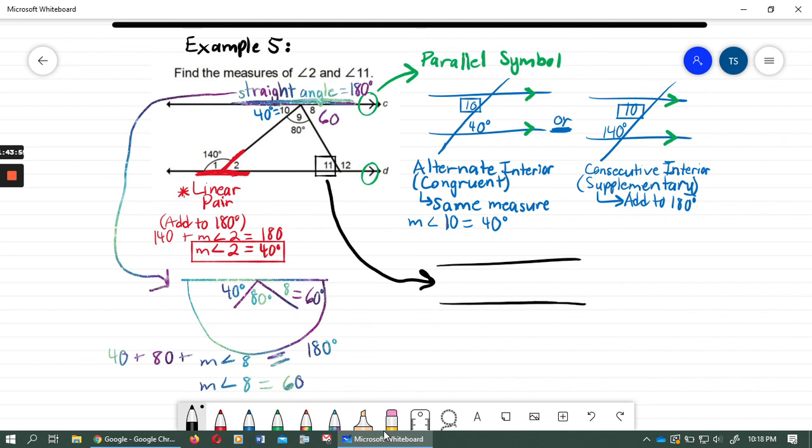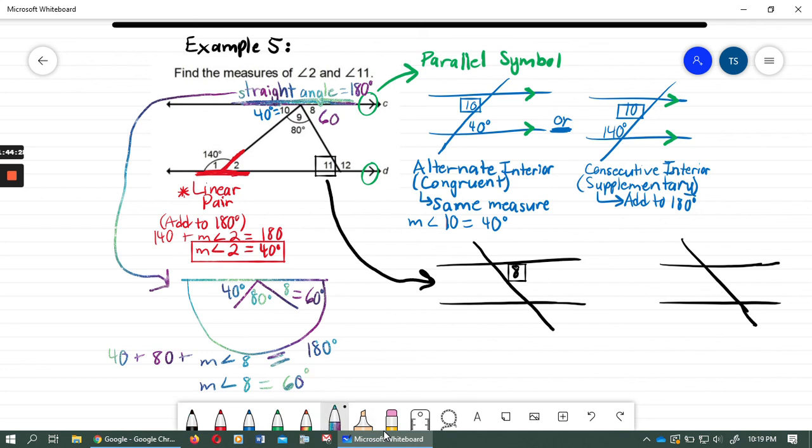Well, I don't have to do 2 of these, but I want to show you again that we can use angle 8 not only to find the measure of angle 11, but we can use angle 8 to find the measure of angle 12 too. All right, so again, angle 8, we had that the measure of angle 8 was 60 degrees, right?